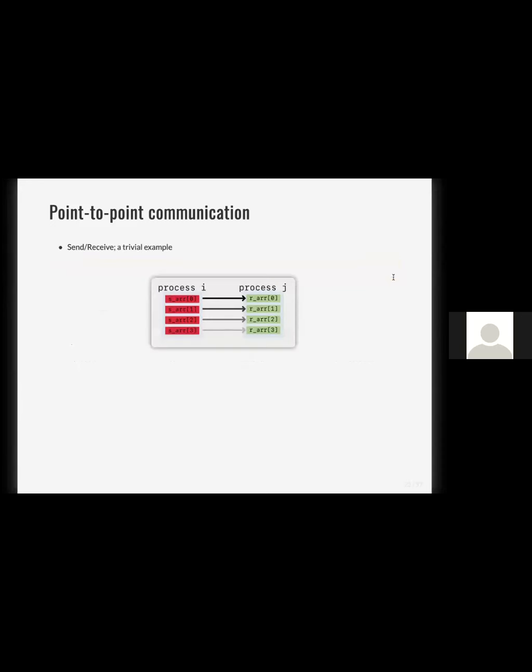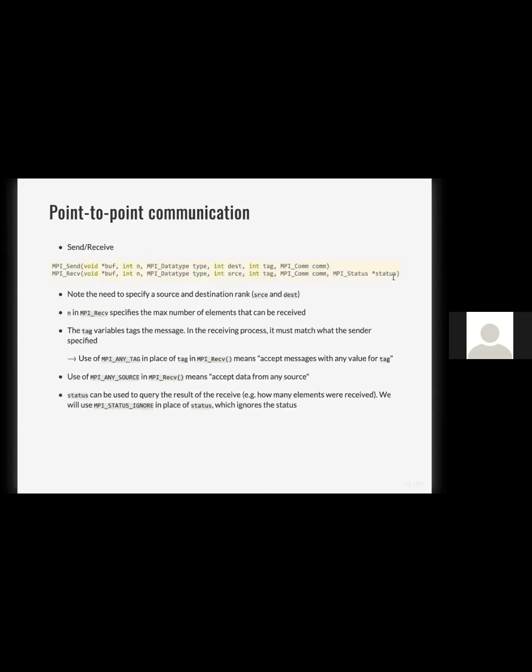Okay, so in which case would the n in MPI receive not match the number of elements that are sent? So this n here in MPI receive is just the maximum.